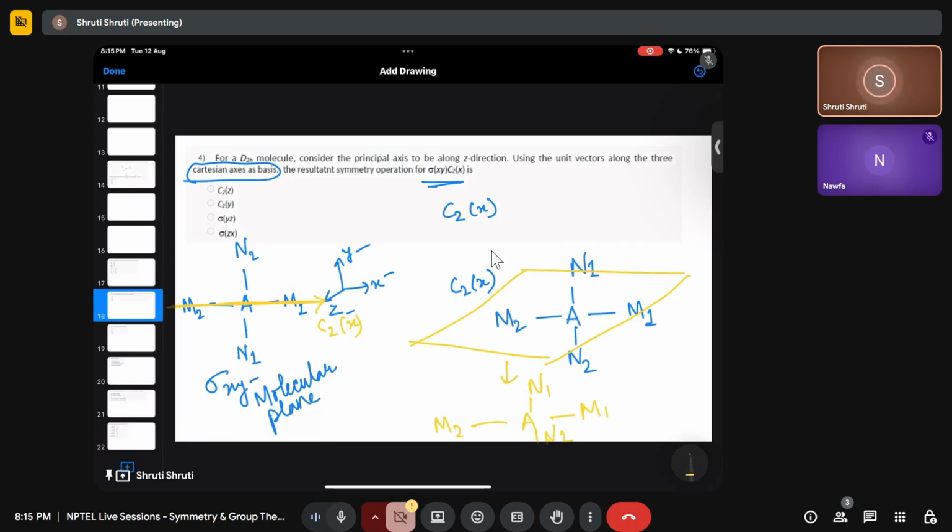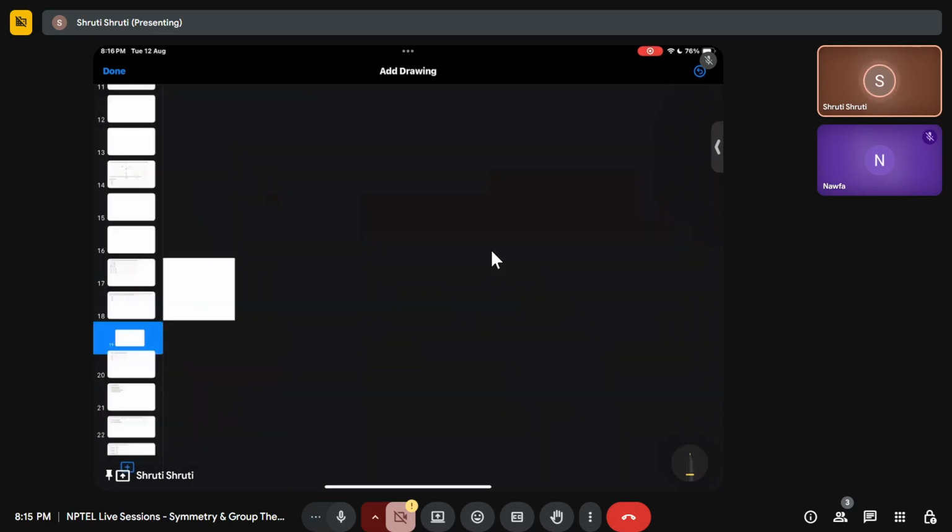So this result you can get by doing, can you do C2z? Now check all the options one by one. This is the result you should get: m1, m2 will remain at their places and n1, n2 should change their places.